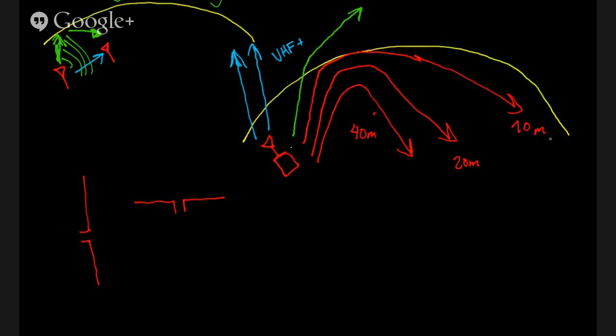But when dealing with skip propagation, like this, the signals that get refracted back from the ionosphere will generally not have the same polarization as when they left. They will be elliptically polarized to sort of a corkscrew, or an oblong corkscrew at least, in shape.